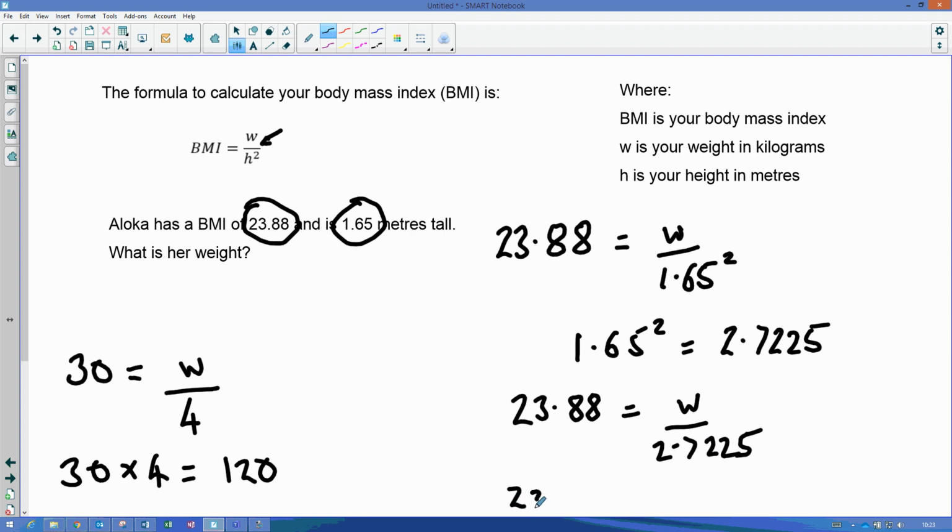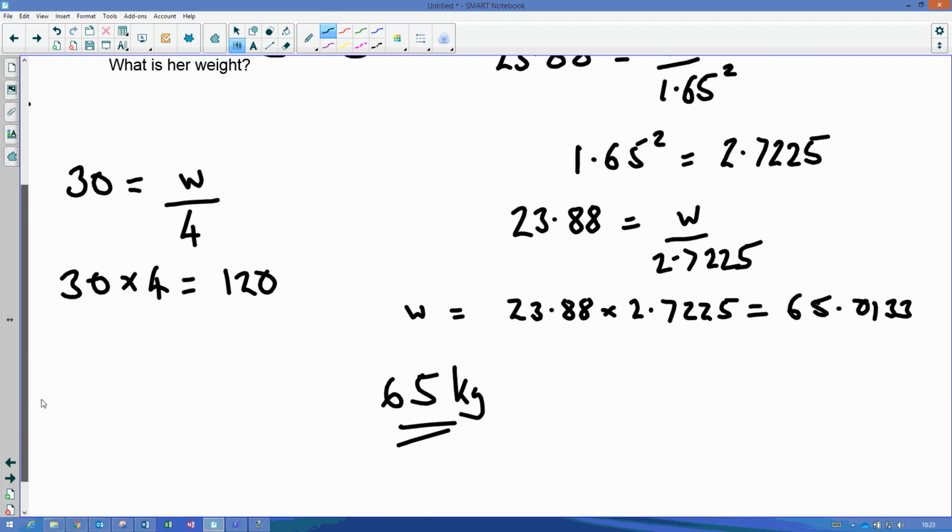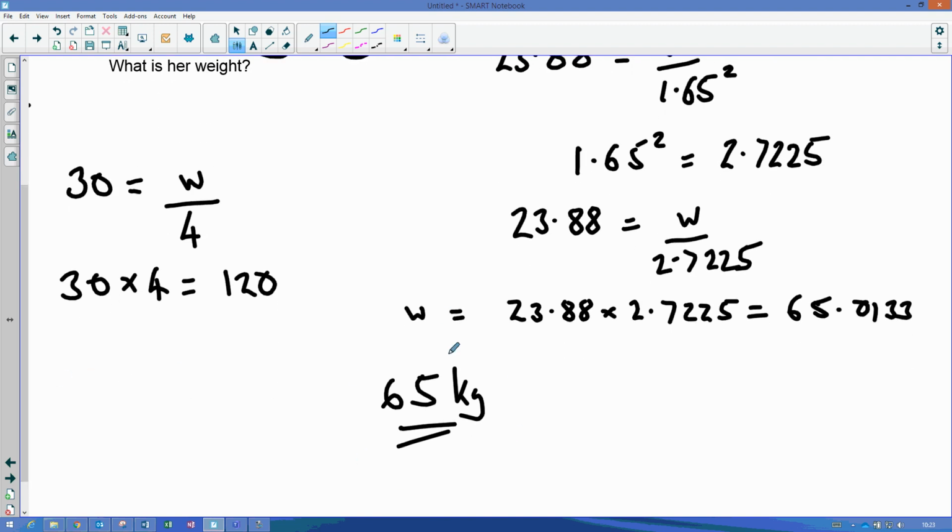So 23.88 times 2.7225 will give me W. So this is W equals this, and that is 65.0133. That's probably more decimal places than I really need, so I'm going to round it to 65 kilograms.